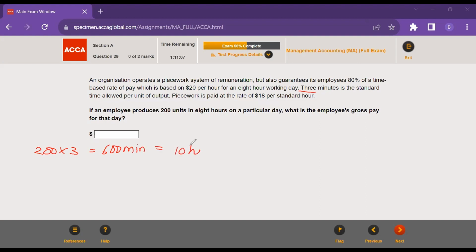So he was supposed to be using 10 hours, but he used only 8 hours. That means his gross pay will be 10 hours, because 10 hours is the worth of work he has done, multiplied by the standard rate, which is 18. So this gives you 180, and we will be entering this over here.